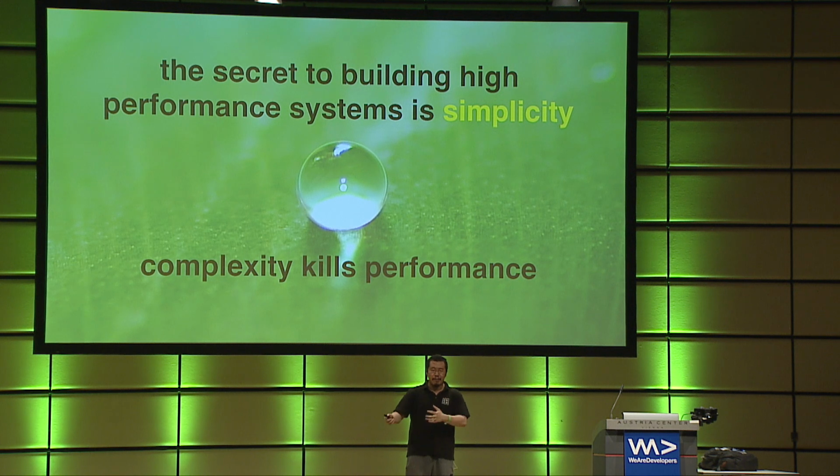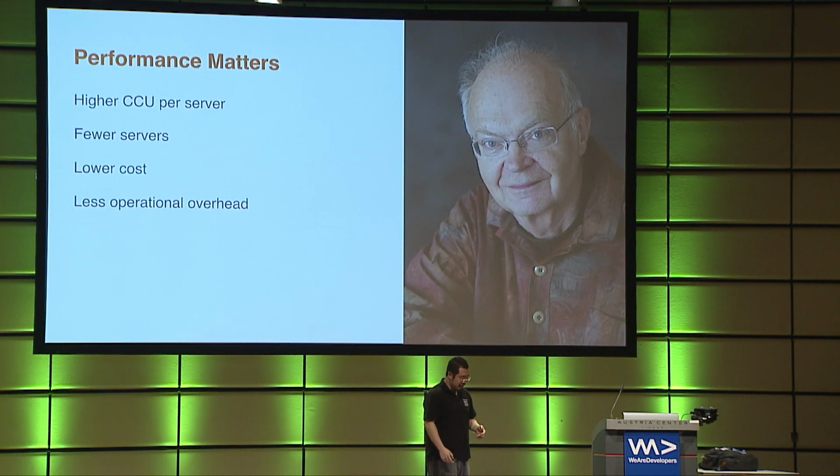In fact, what's already complex, chances are by trying to optimize it even more, you're just going to break it. And for this particular system we're talking about, performance is really, really important, because the more concurrent players we can host on the same server means fewer servers that we have to run, which means lower cost, but also it means there's less operational overhead for us as a team as well.